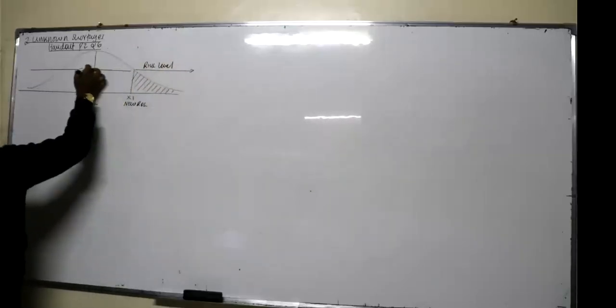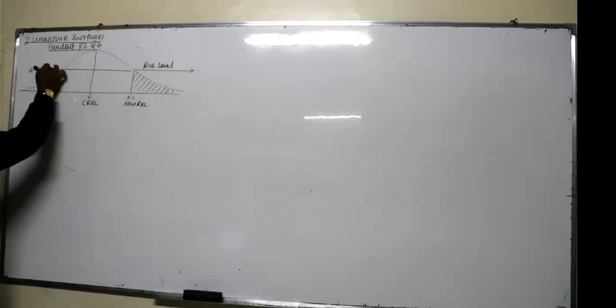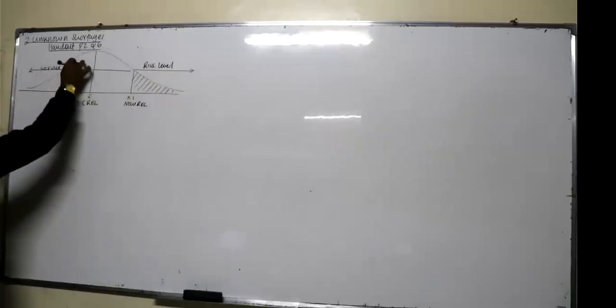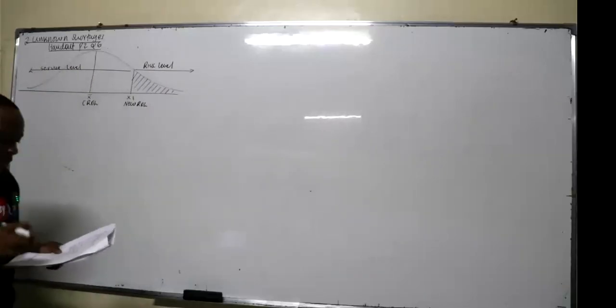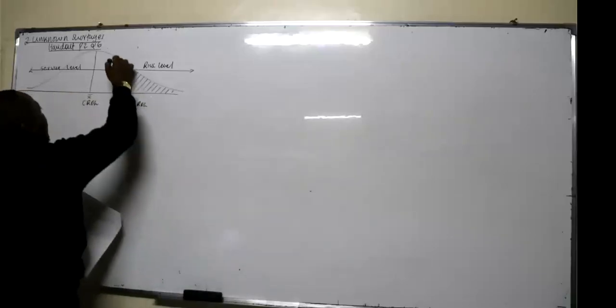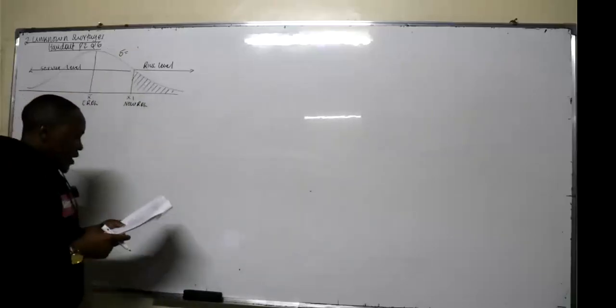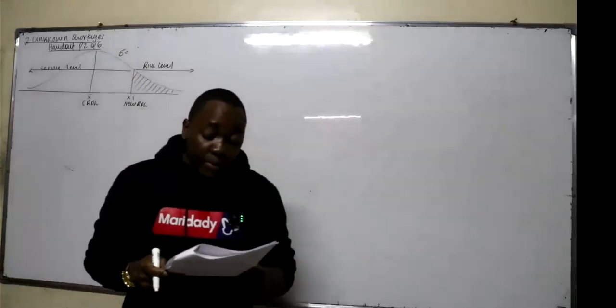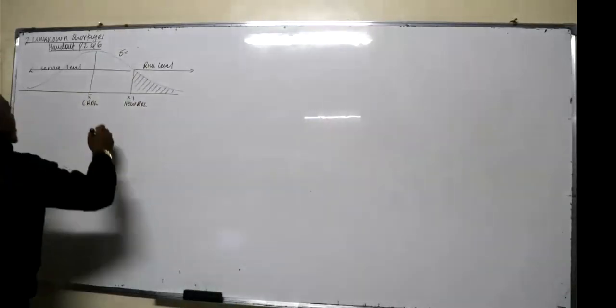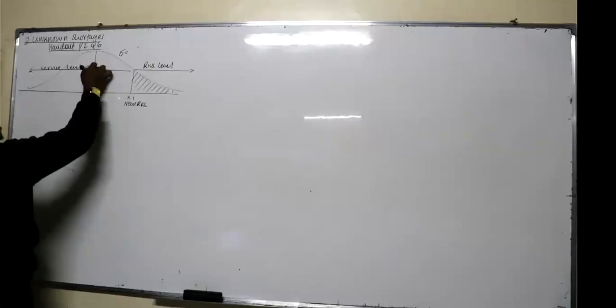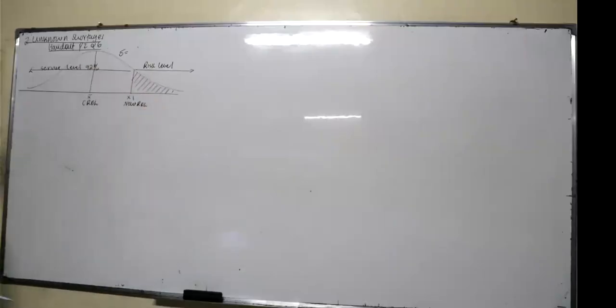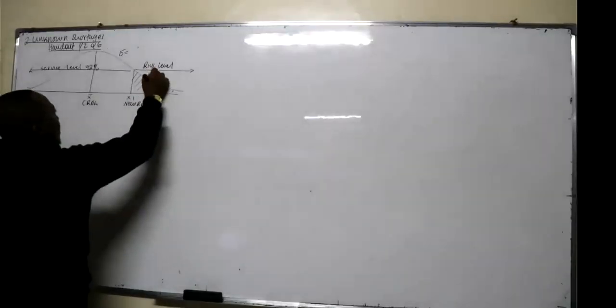But this is what we call the service level. Here we need to factor in the standard deviation. A company has a desired service level of 92%. So this is 92%. That means the probability of stock out is how much? It's 8%.